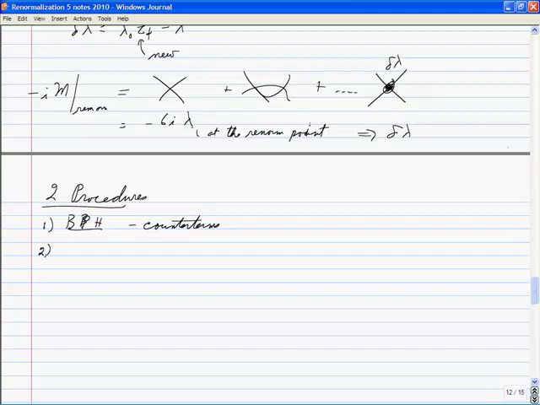The other one is this direct or conventional procedure, where you work with M0, lambda 0, etc. The thing I have to say is that if you do this, there's actually a new Feynman rule snuck in here.